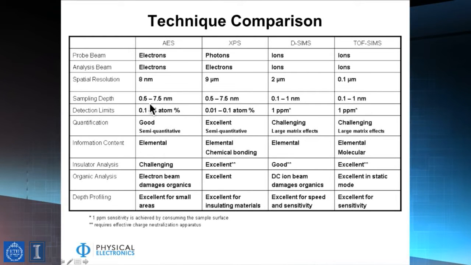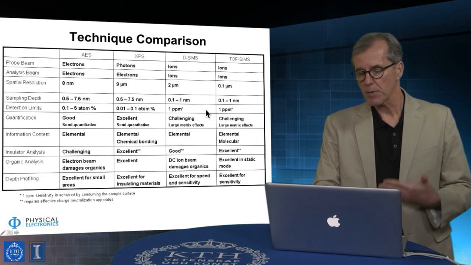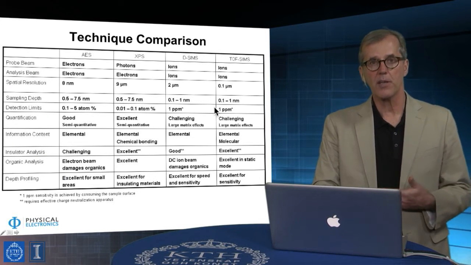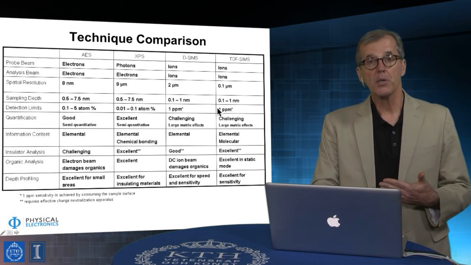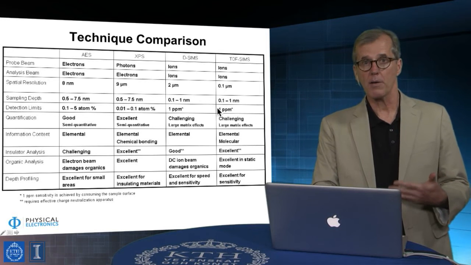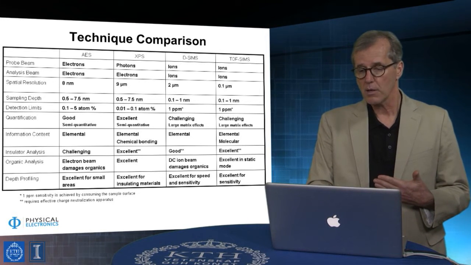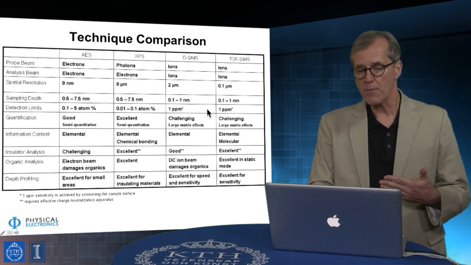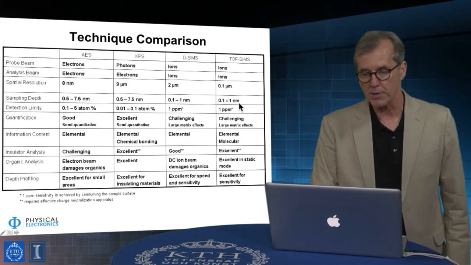Of the order of 1 atomic percent, that's sort of the limit of electron-based spectroscopies. Ion-based spectroscopies, on the other hand, because of the incredible sensitivity of mass spectrometry, are really good to the order of 1 part in 10 to the 6th. Way more challenging limits of detection, parts per million.